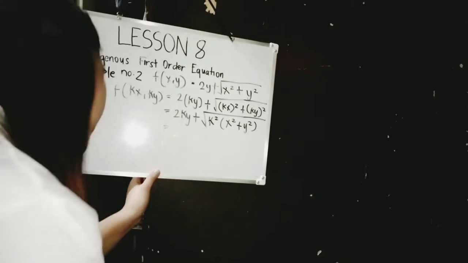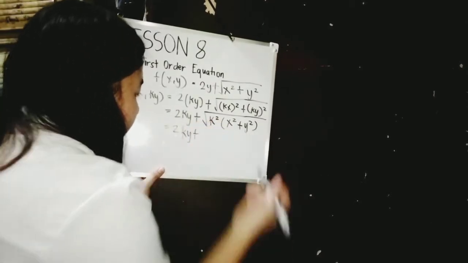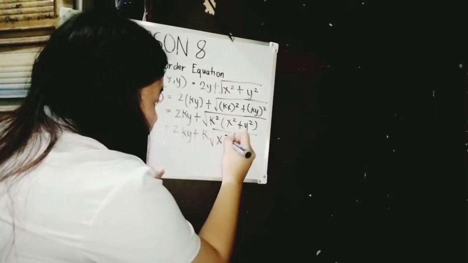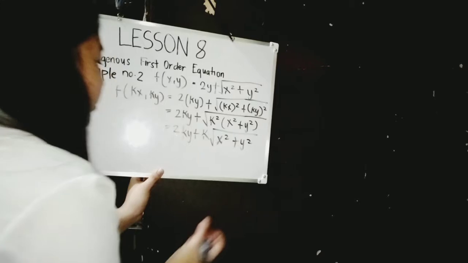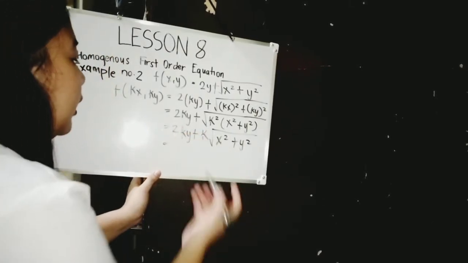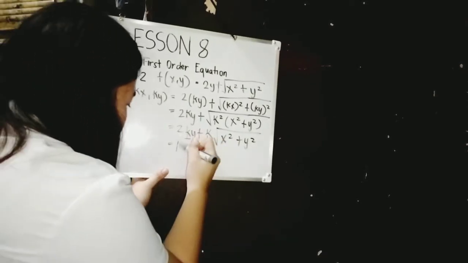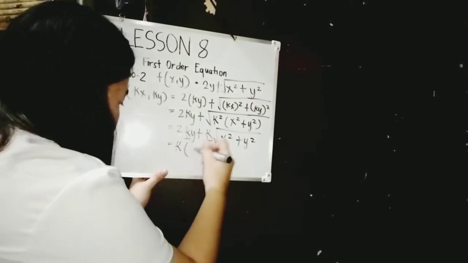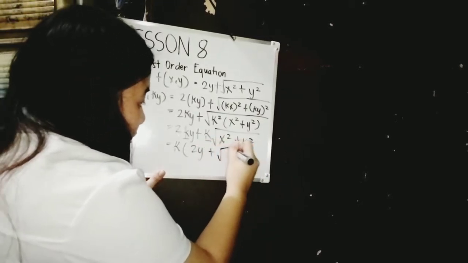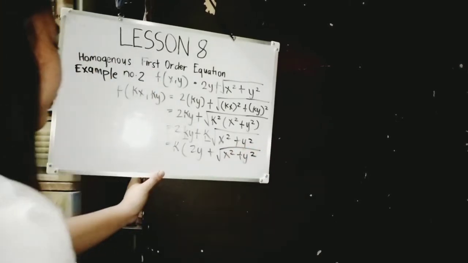The next step is simplify natin sila. 2ky plus k square root of x squared plus y squared. The next step is hanapin ulit natin yung common nila, which is the letter k. So, ang nangyayari, ilalabas natin sa letter k. So, k times 2y plus square root of x squared plus y squared.